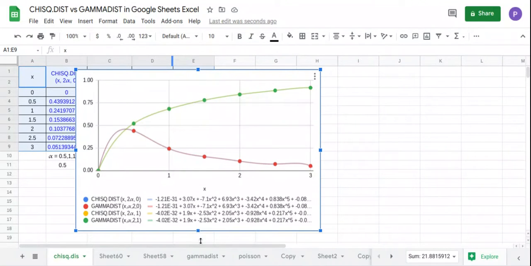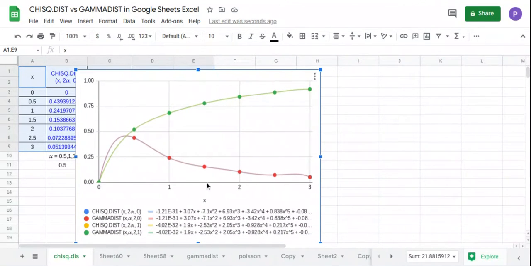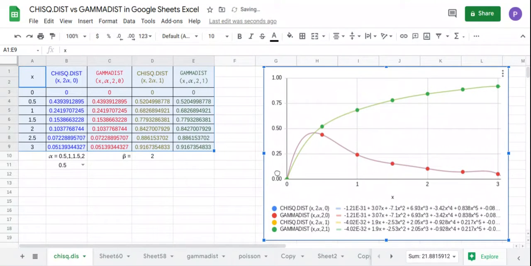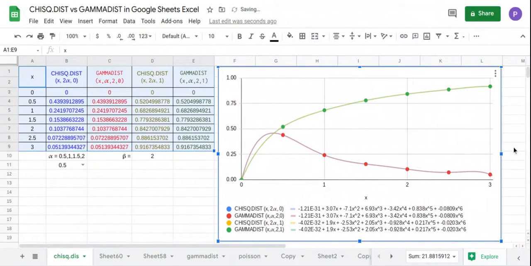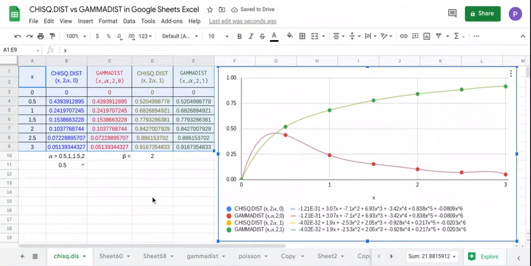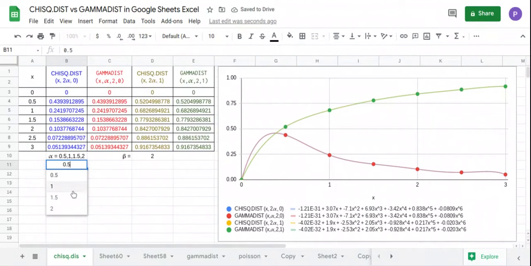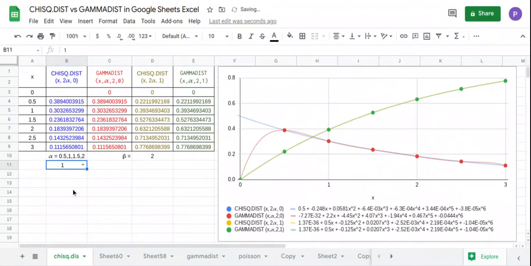So here's our trend line and the polynomial. At alpha equals 1, you have an error here.